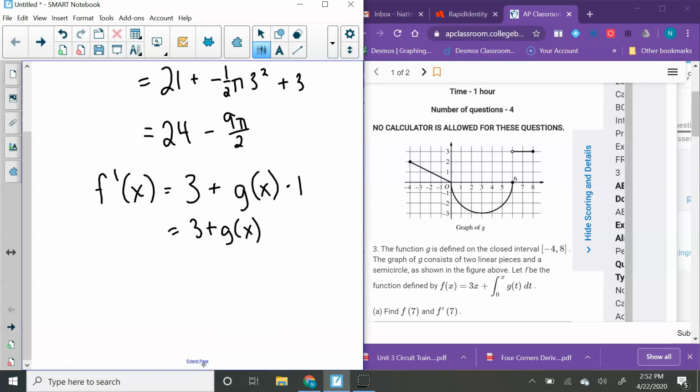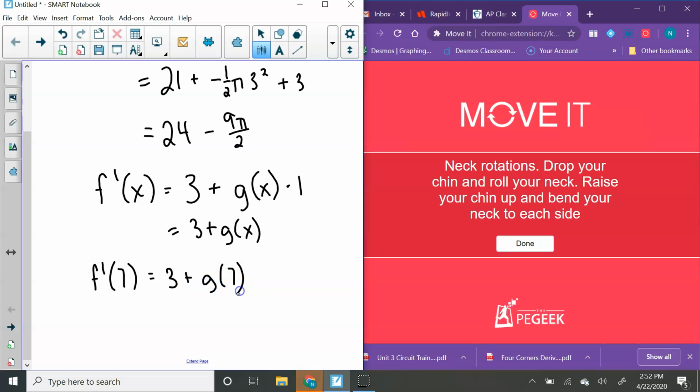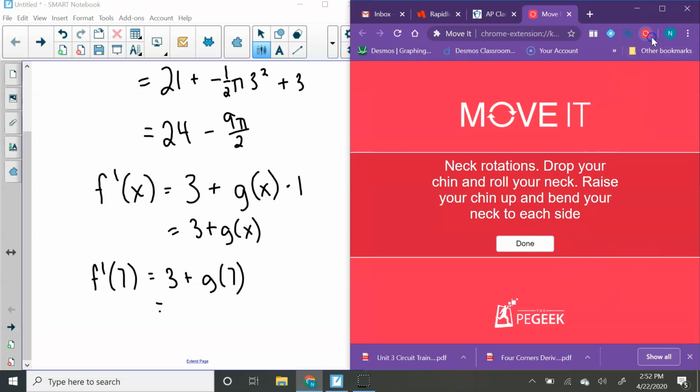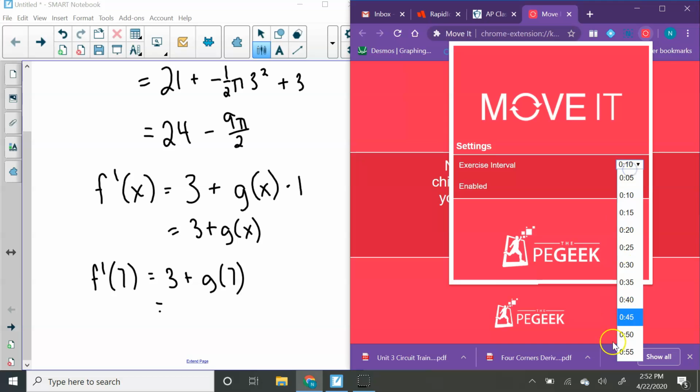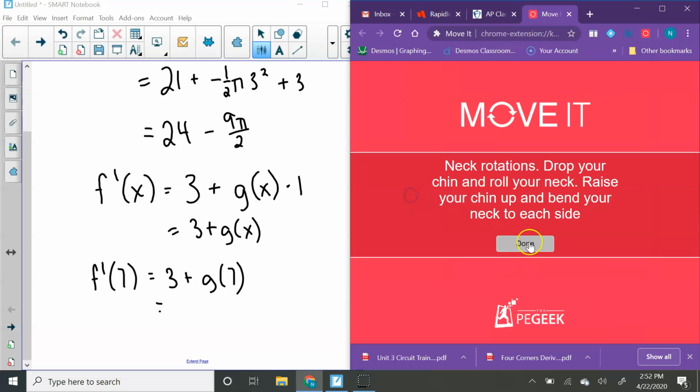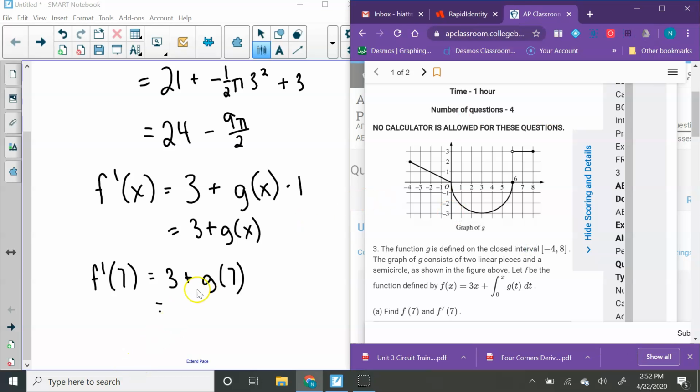And so if we want to find f prime of 7, we are going to find 3 plus g of 7. G of 7 is going to be 3 right here.